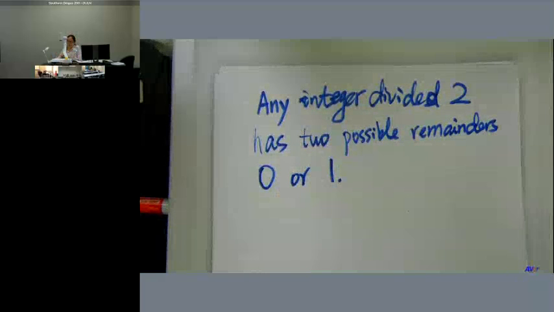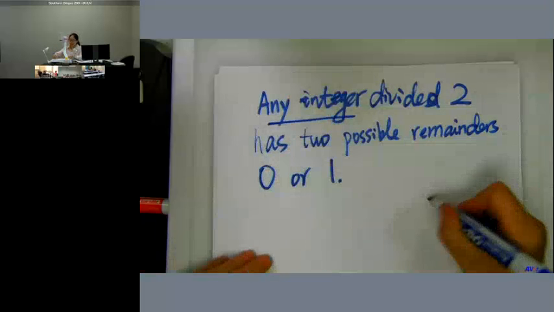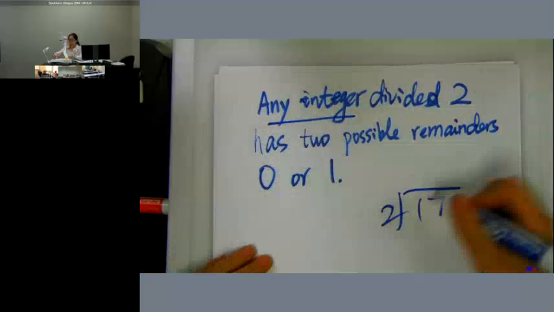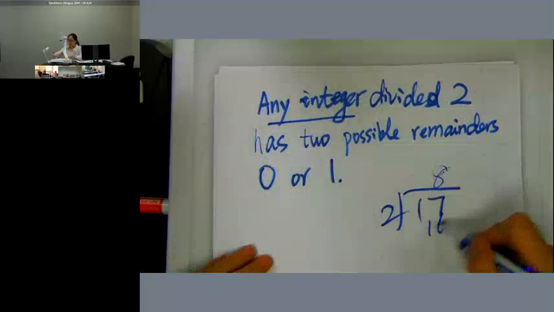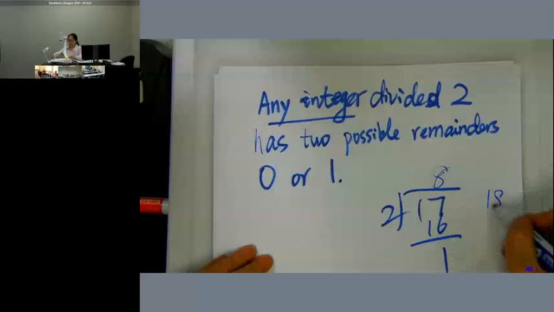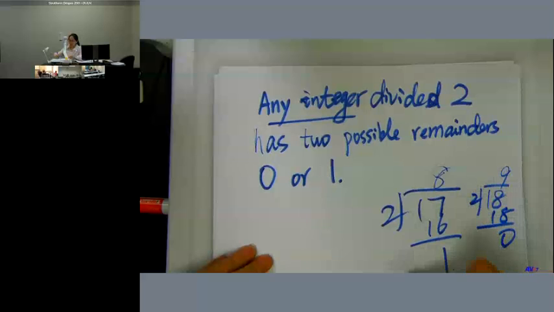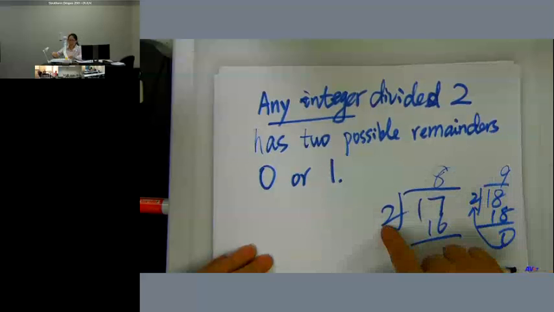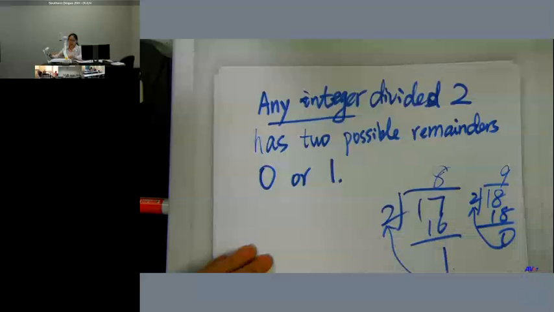No, if the remainder is 2, you can continue to divide by 2, right? Okay. So any integer you have, let's say 17, if you divide by 2, you're going to get a remainder of 1. But if you have 18, when you divide by 2, you're going to get a remainder of 0. So the remainder is always smaller than the divisor, right? If it's bigger than the divisor, you can continue to divide it. Make sense?